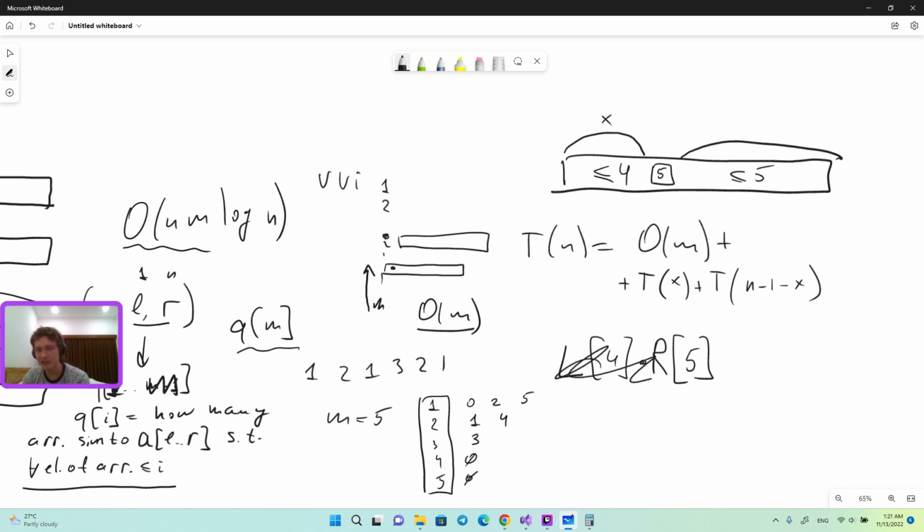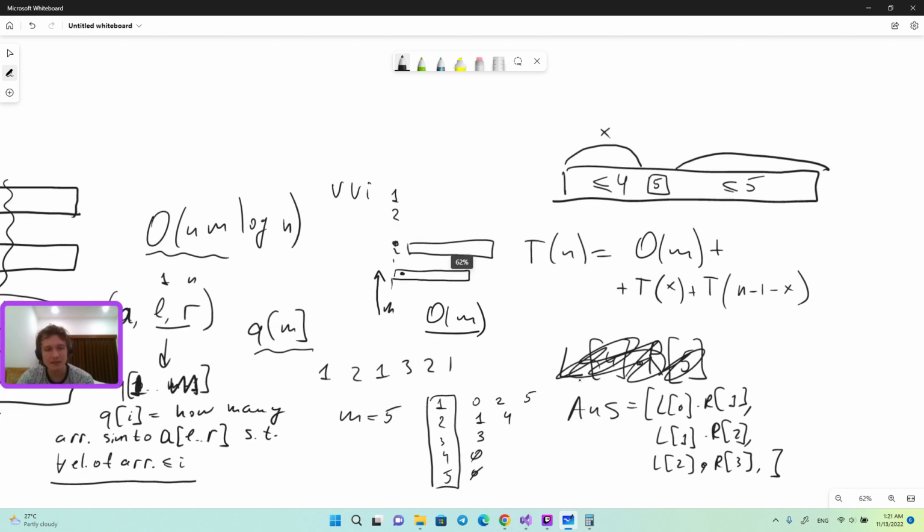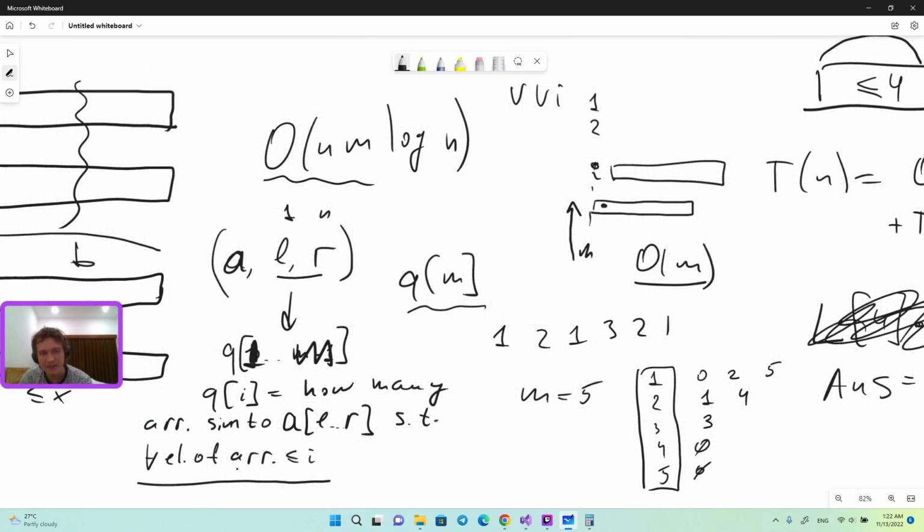So the answer is L0 times R1, L1 times R2, L2 times R3, etc. But this is not the correct answer, because, as I said, this should be the number of arrays in which all elements are at most i.